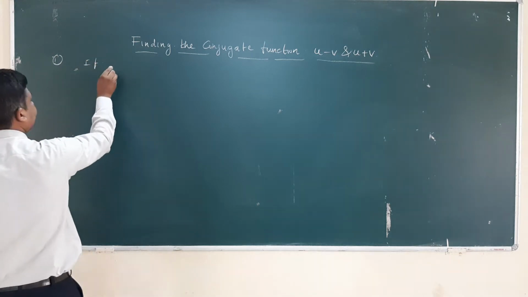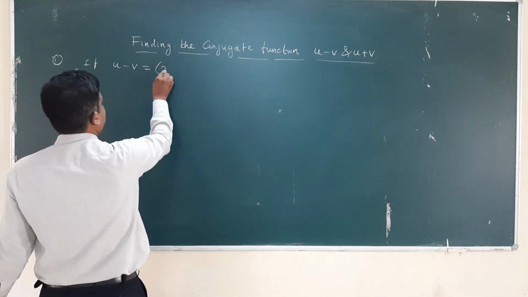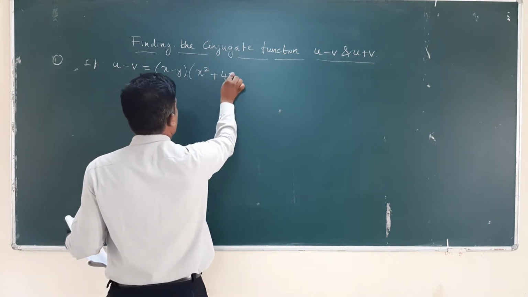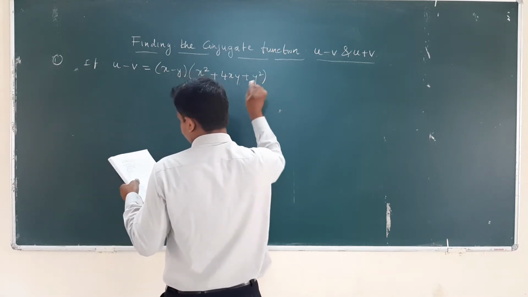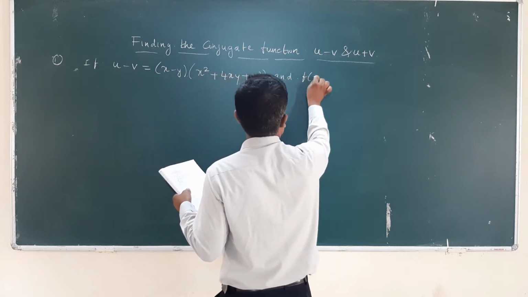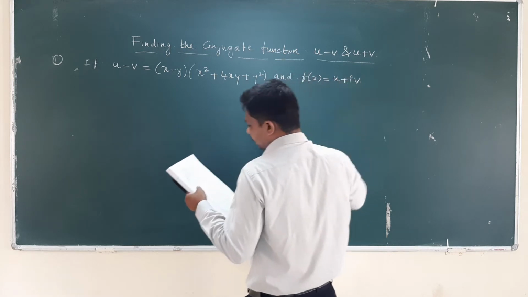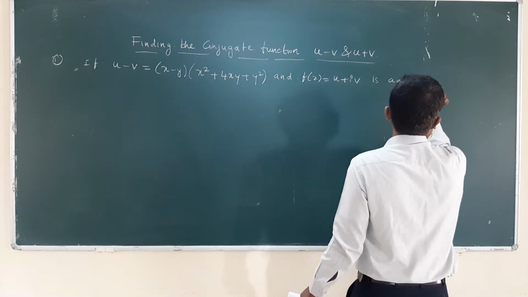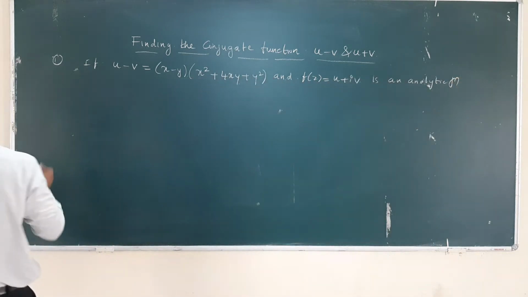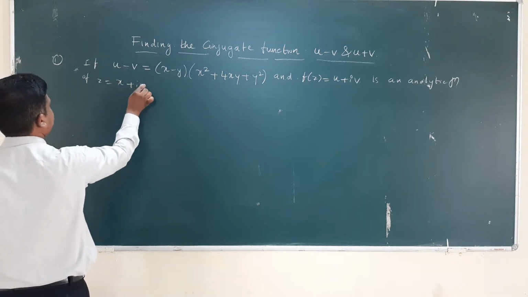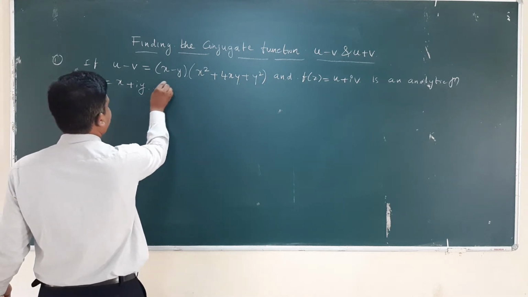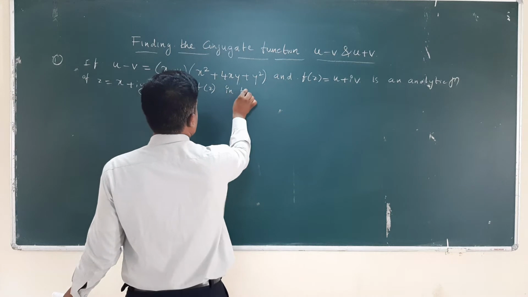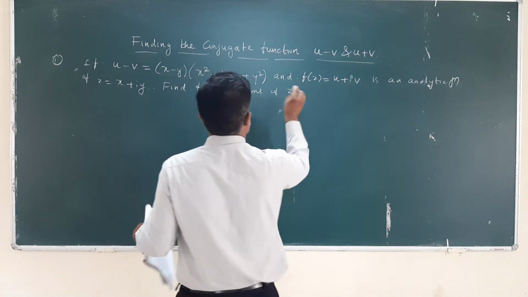If u minus v is equal to (x minus y) into (x square plus 4xy plus y square), and here f of z is equal to u plus i into v, is an analytic function of z is equal to x plus i into y, then we have to express f of z in terms of z. So this is our question.